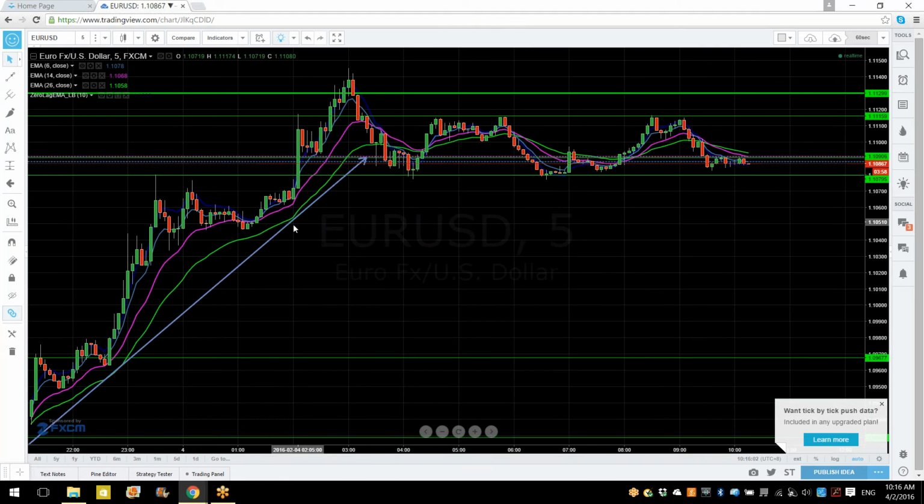What happened is it tried to break the resistance at 1.1299. It tried to break this, but it could not, and then it started ranging. Then the buyers and sellers were like, all right, now we don't want to fight anymore. Let's just buy a little, sell a little, sell a little, buy a little, kind of thing, right?